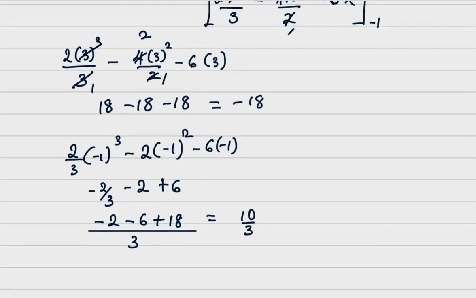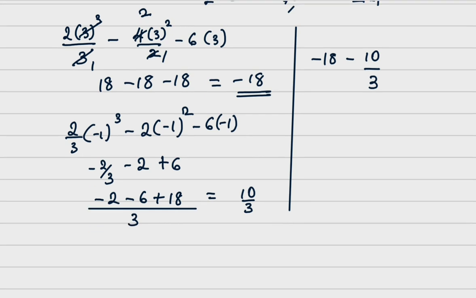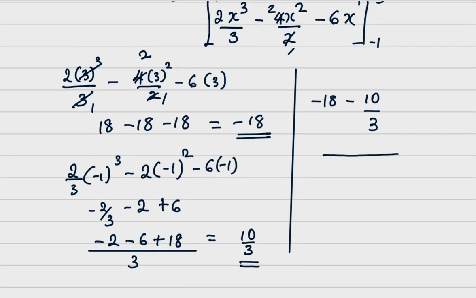Now upper and lower. So what we are going to do now is to pick -18, then 10 over 3. This -18 is from when x is equals to 3, that is for the upper limit, and this 10 over 3 is for the lower limit. So the same thing, having the LCM, this is 3, this is going to be -54, then -10.